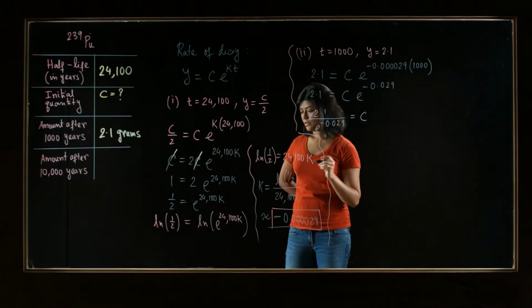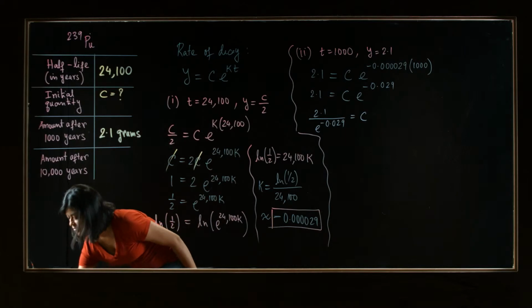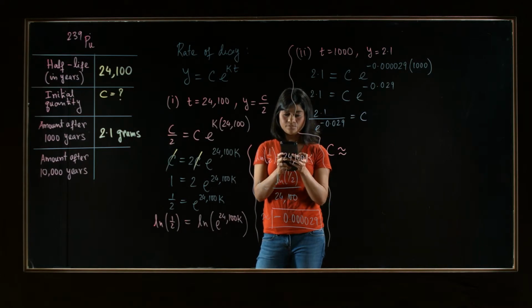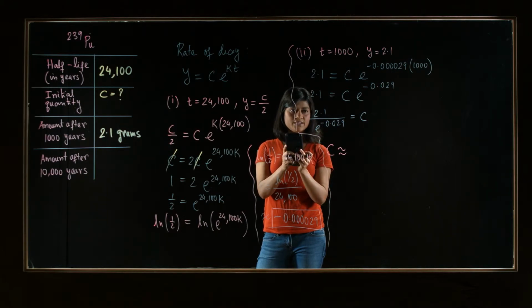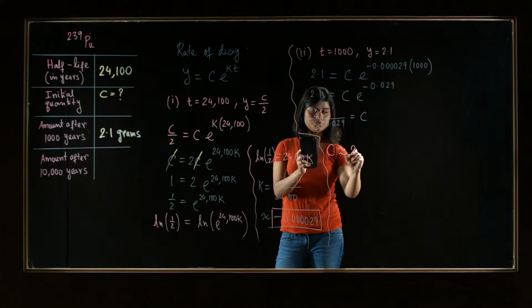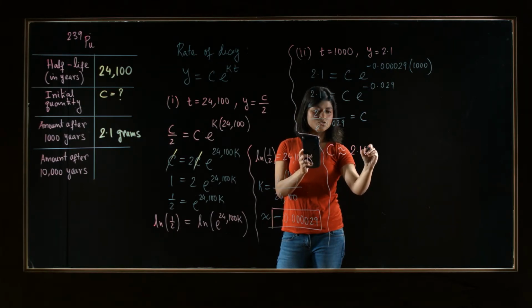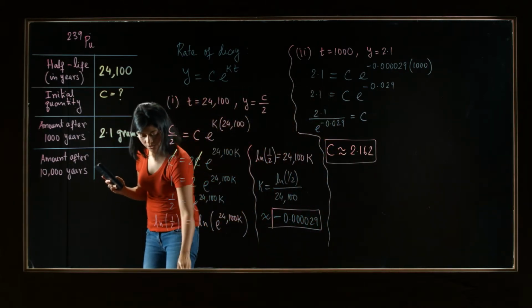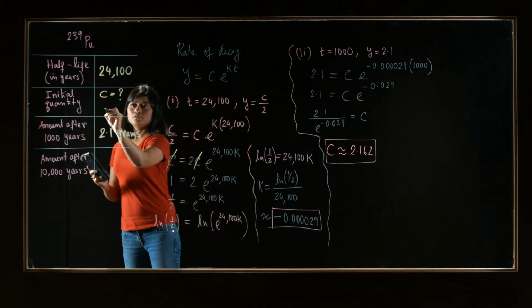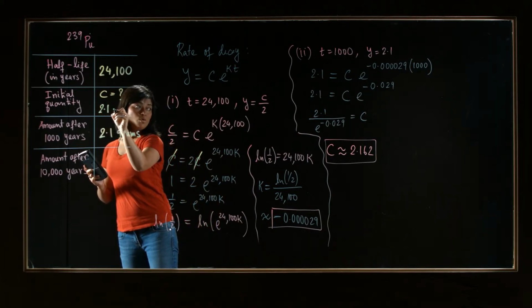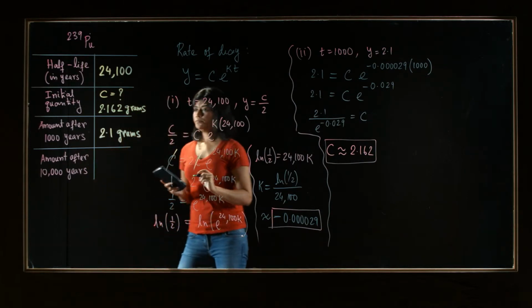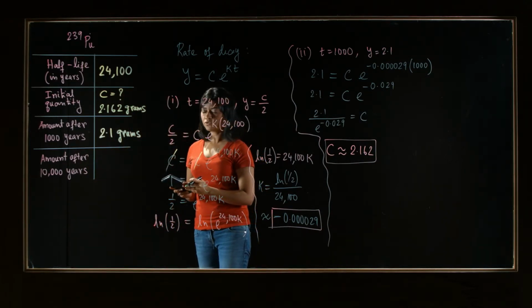Using a calculator again, c is approximately equal to 2.162, and this is in grams. So that's the initial amount.